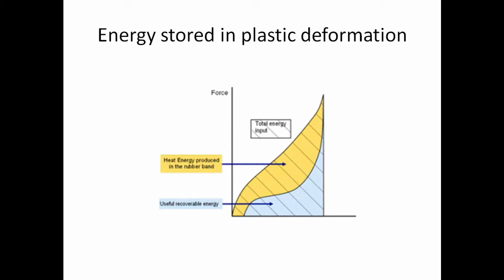If you think of the top line on this graph as the loading graph, when we're adding mass to the spring, and the bottom line as when we're taking it away, the area trapped between these two lines is energy lost as heat, in this case for rubber bands. The area underneath the bottom line is the energy which is still in the plastically deformed spring. Of course, this graph only works if you've plastically deformed it but not brought it to failure.